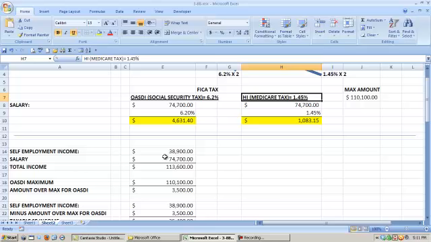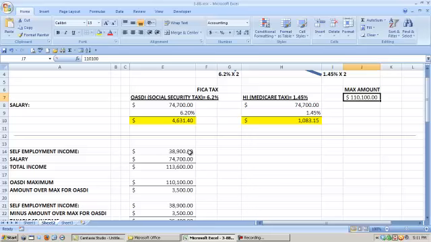Okay? One thing you've got to keep in mind when you're working these problems, it's really easy to forget about this maximum amount, and it would be really easy to slip up and continue to get the answer wrong and miss quiz problems and homework problems simply by forgetting that there's a maximum amount that is applied to the Social Security tax.